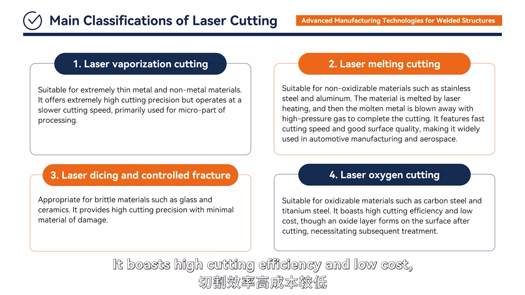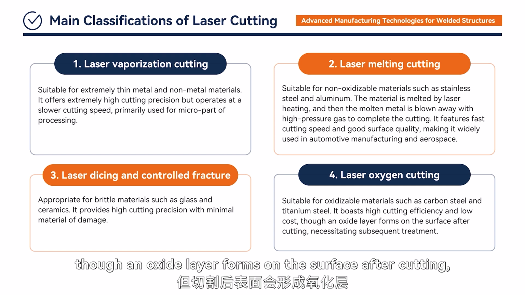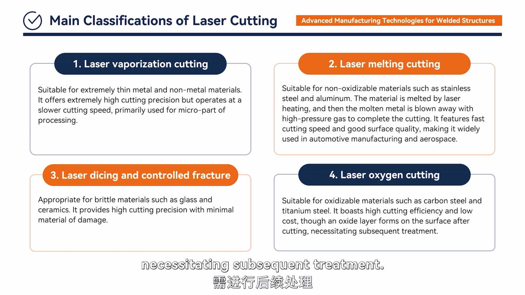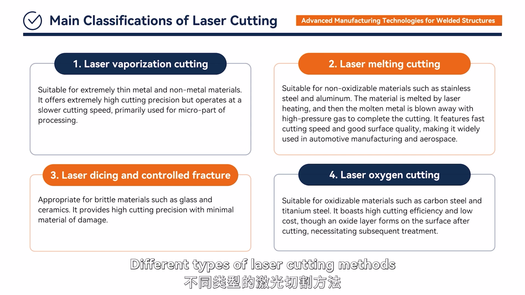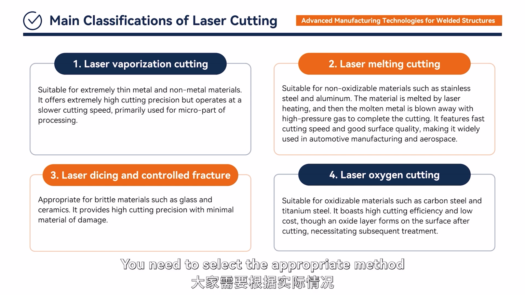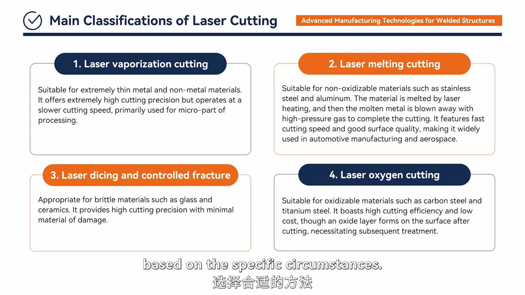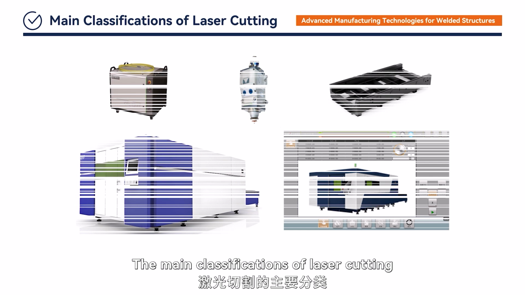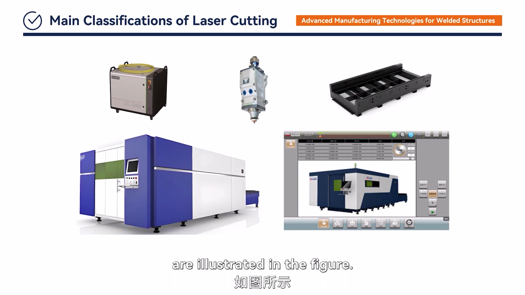It boasts high cutting efficiency and low cost, though an oxide layer forms on the surface after cutting, necessitating subsequent treatment. Different types of laser cutting methods are suitable for various materials and processing needs. You need to select the appropriate method based on the specific circumstances. The main classifications of laser cutting are illustrated in the figure.